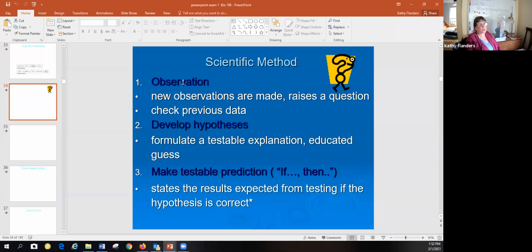So of these, we were able to observe a couple weeks ago what was happening in our potato cell and water and salt. And that allowed us to use that knowledge to develop a hypothesis. And then our hypothesis included this prediction.